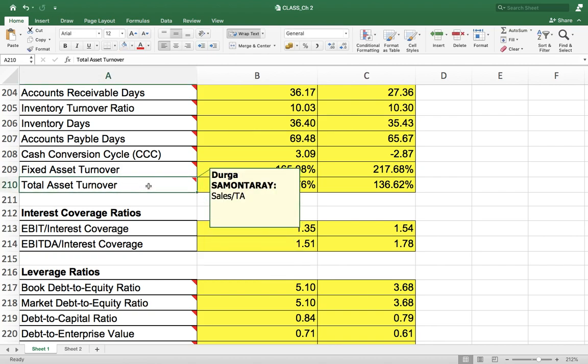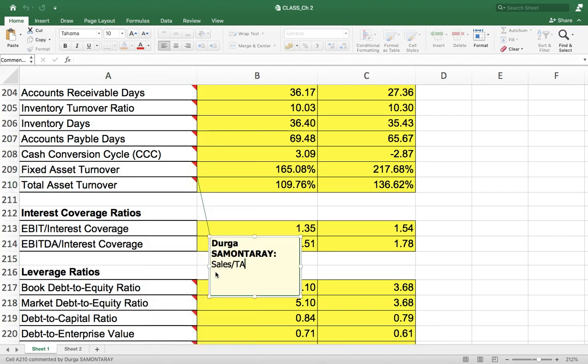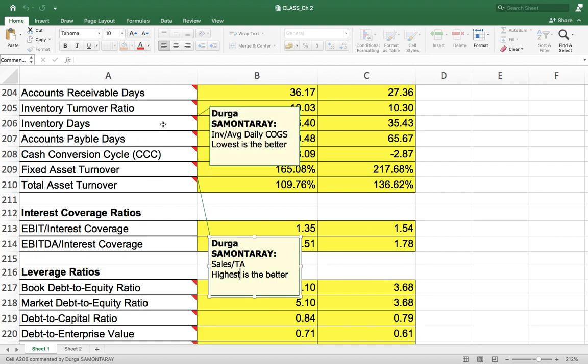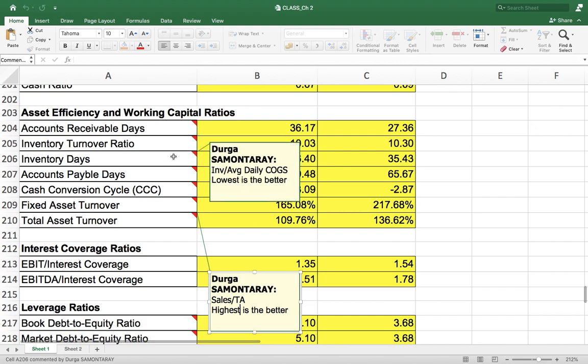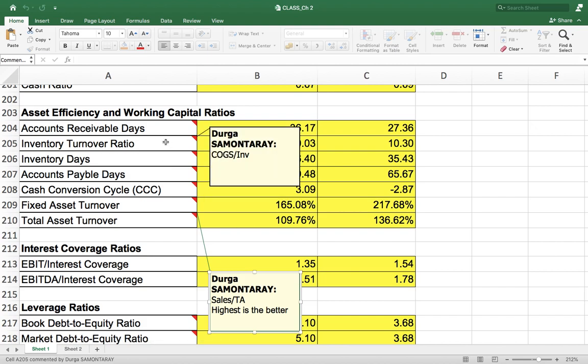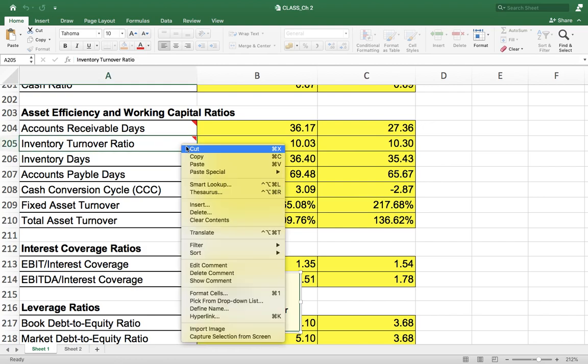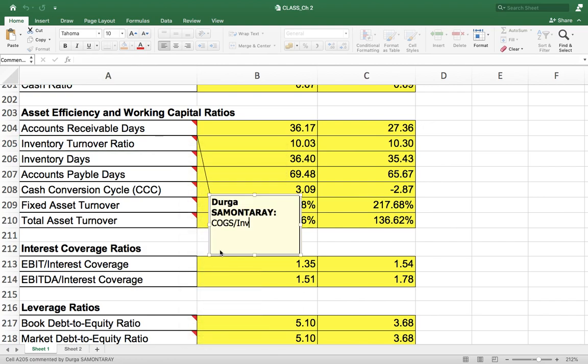Total asset turnover, highest is better. Inventory turnover comment, highest is better.